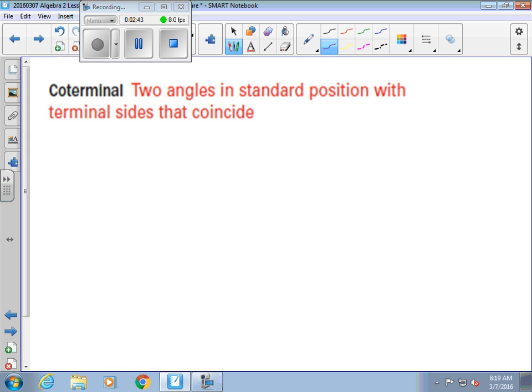Two angles are coterminal when their terminal sides coincide. That's a confusing definition for what coterminal means. This is all coterminal means. Like this angle, let's say it starts here in standard position. I know it's supposed to be on the x-axis. I just raised it up a little bit where you can see it.